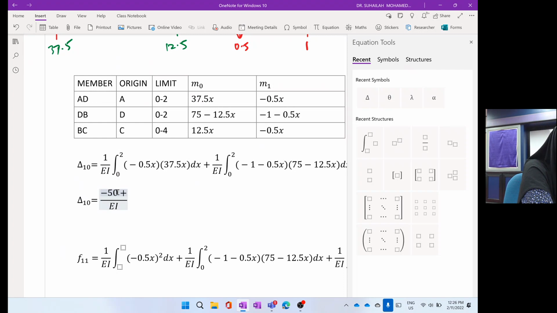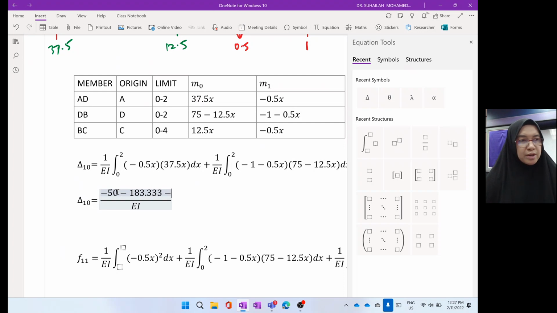Okay, please calculate the displacement. Okay, please check. Okay, please calculate displacement. Please calculate what do you get for the delta 1 node.